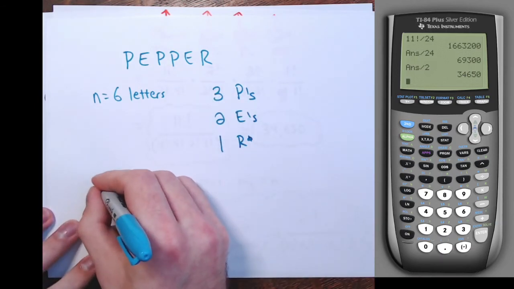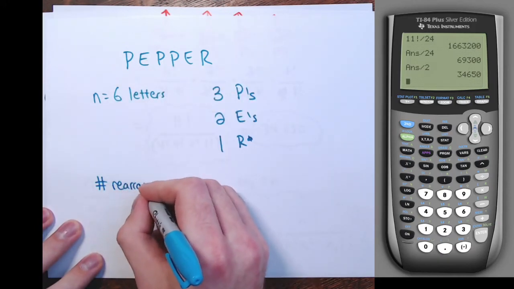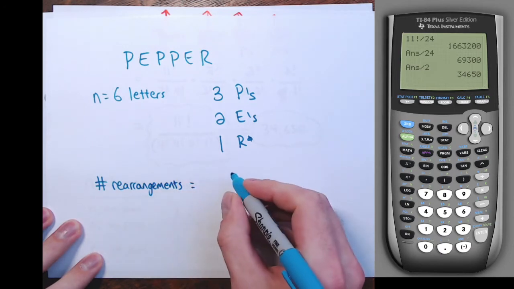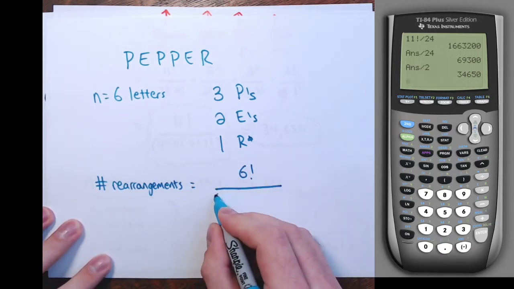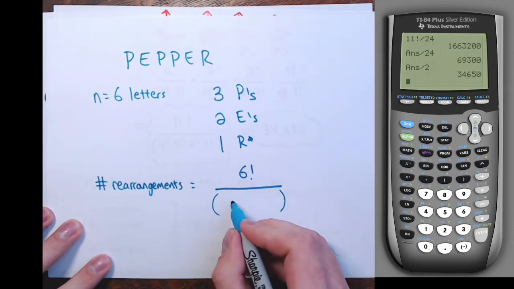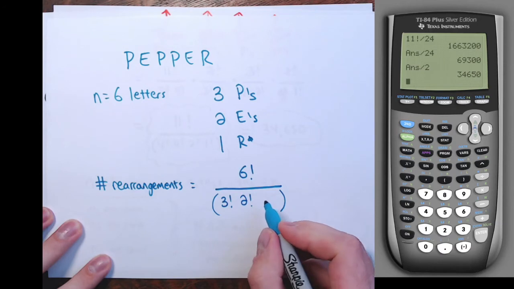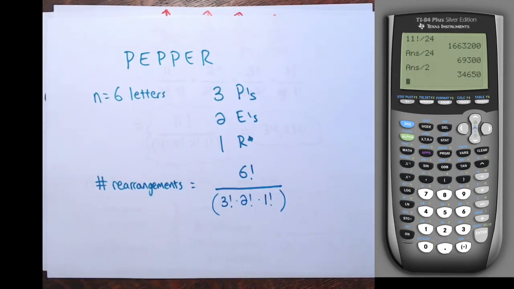So the number of different rearrangements of these letters is 6 factorial in the numerator divided by 3 factorial for the 3 P's times 2 factorial for the 2 E's times 1 factorial. Now 1 factorial is silly, that's just 1.